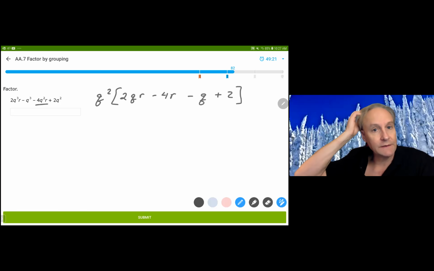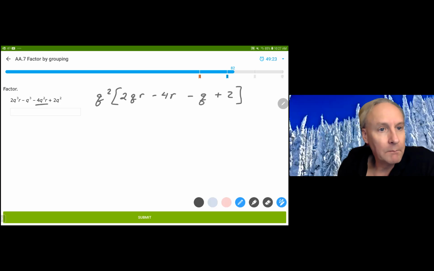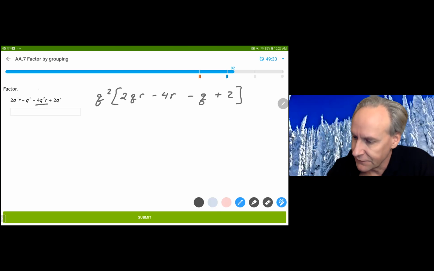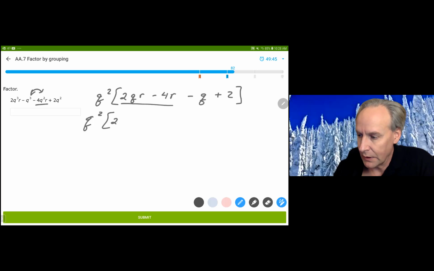So I did a couple of things. I rewrote it with the R's together, and hopefully that's clear what happened. I just took a Q squared out of everything, and then I switched these two terms. So now I have Q squared. My common factor for this first pair is going to be 2R.